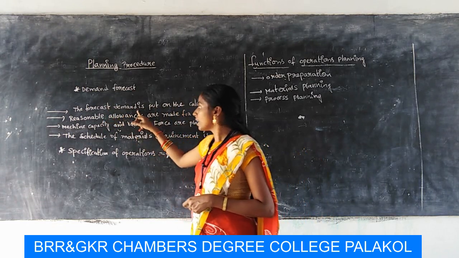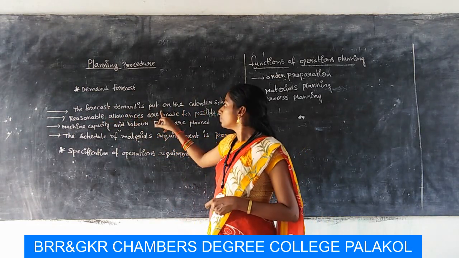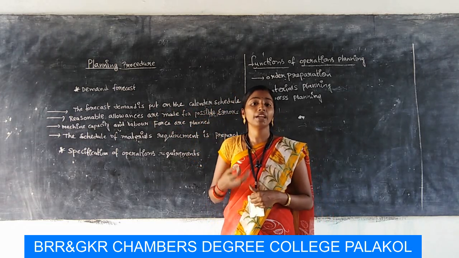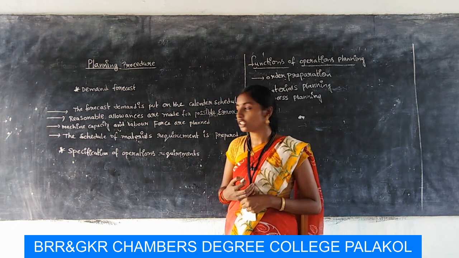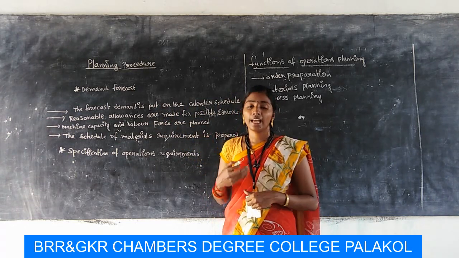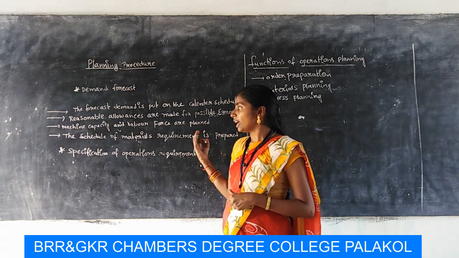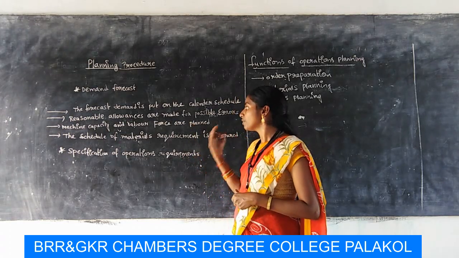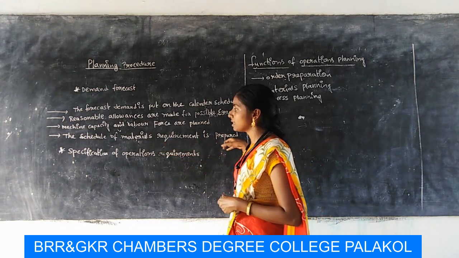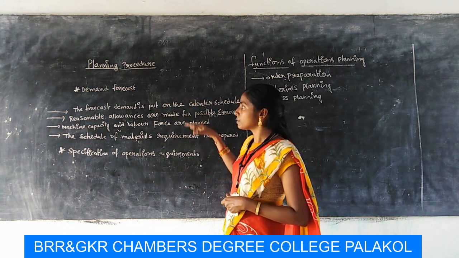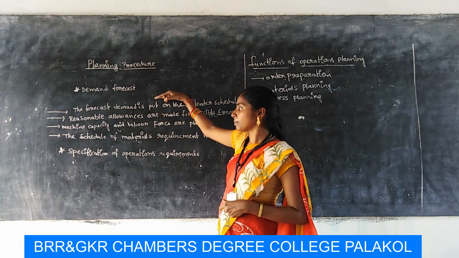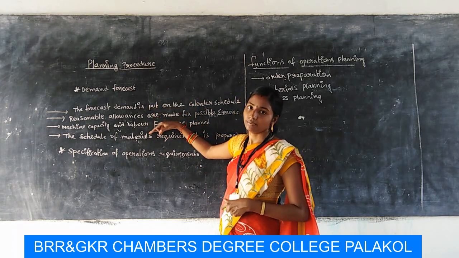The forecast demand is put on the calendar schedule. Reasonable allowances are made if any errors occur. Machine capacity and labor force are planned. The schedule of material requirement is prepared. These come under demand forecast. While you are forecasting demand, these points are to be kept in mind.